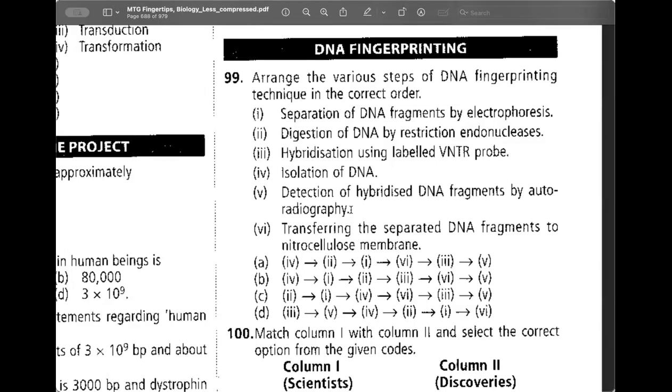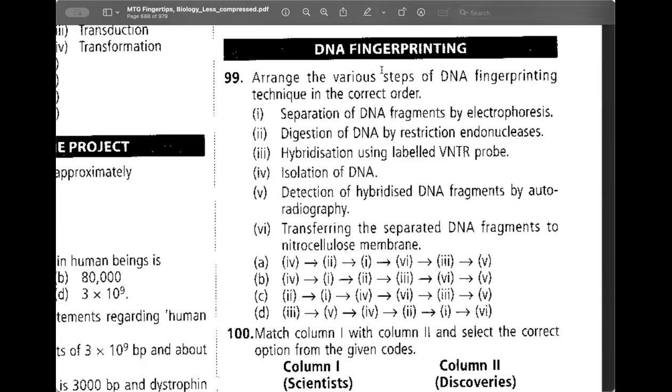Read question 99. Option B. The logic is that isolation of DNA has to be the first thing, correct? That's why you see isolation of DNA, 4, in both option A and B. It has to start from isolation of DNA.